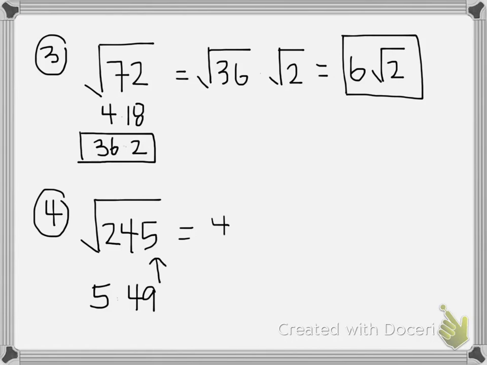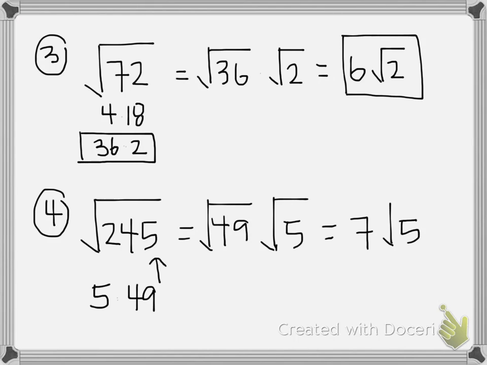So this is going to be the square root of 5 times 49, and 49 happens to be a perfect square. If it didn't, I would keep going to see if I needed to do anything more. But since that ended in 5, I know that 5 goes into this number. So square root of 49 is a 7, and this is going to be 7 square roots of 5. Okay.